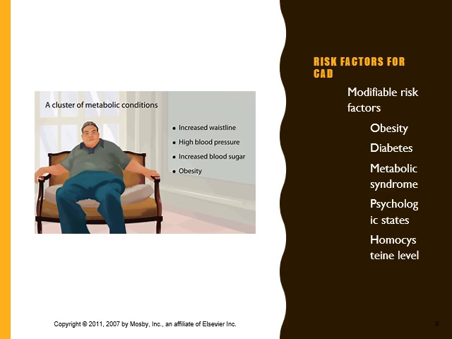High homocysteine levels found in dietary protein may contribute to atherosclerosis by damaging the inner lining of the vessels and promoting plaque buildup. So you can see here too, modifiable risk factors include metabolic syndrome, increased waistline, high blood pressure, increased blood sugar, and obesity.